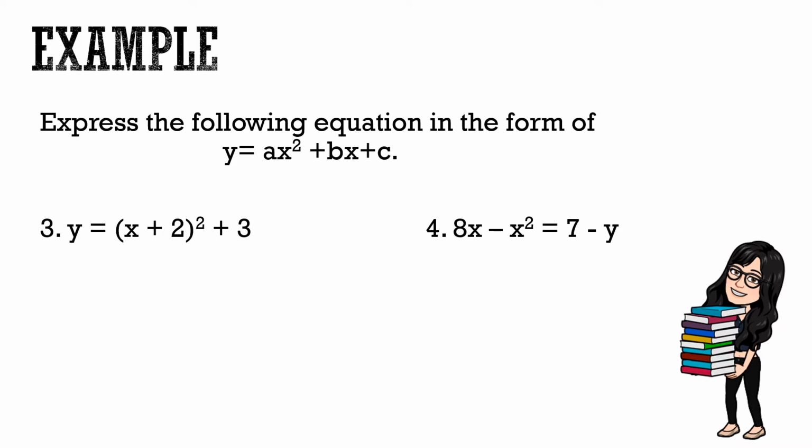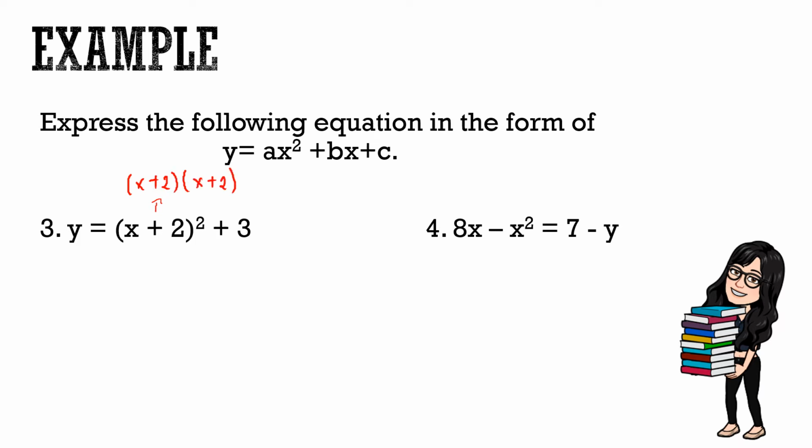Example number 3. Y equals the quantity x plus 2 squared plus 3. In this case, remember our PEMDAS rule. Therefore, we'll be solving first the numbers inside the parentheses. As you notice, this is an example of the square of a binomial. Expanding this will give us the product of x plus 2 times x plus 2.